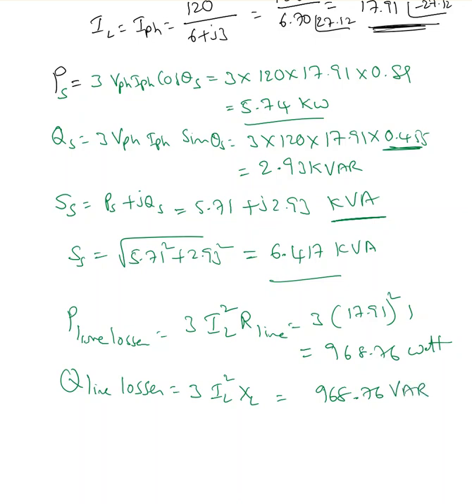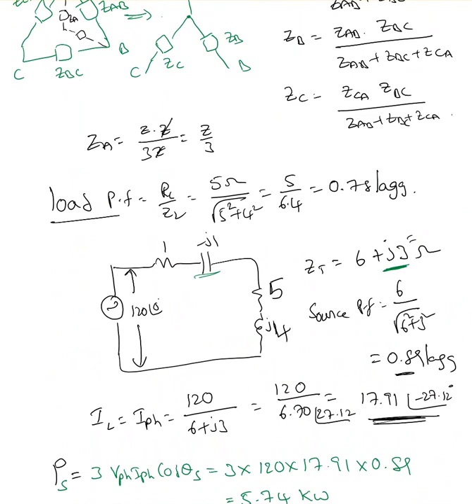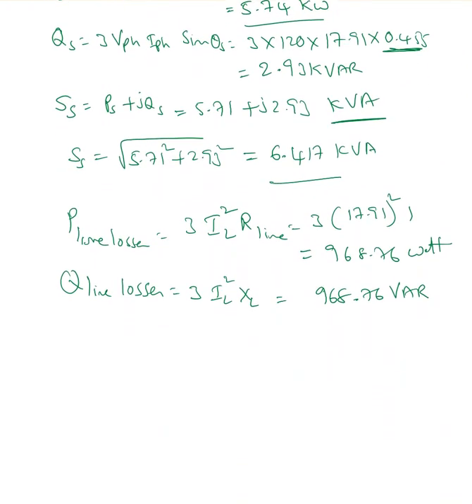By the way, here I have capacitive reactance. Capacitive reactance does not consume reactive power; it always supplies the reactive power. So basically this value must be negative, since the capacitor is supplying reactive power, that's a minus.